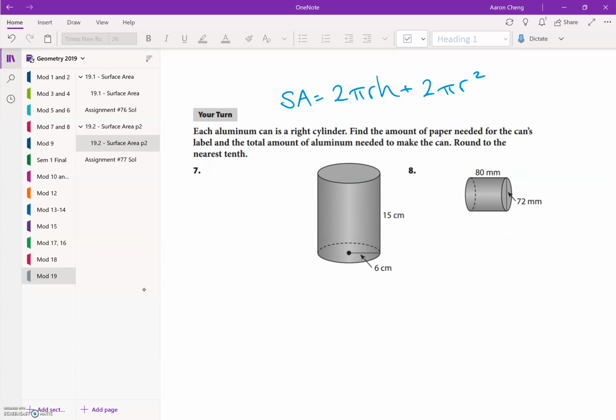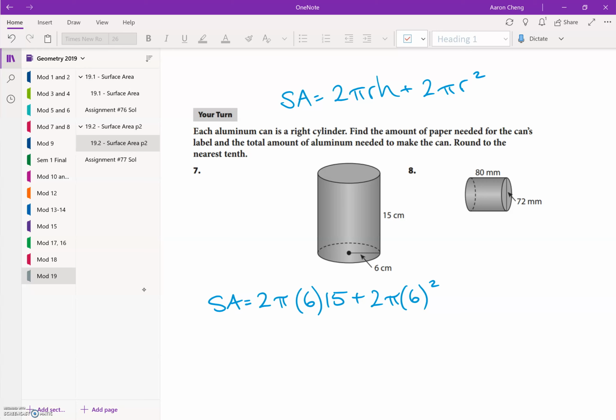All right, so welcome back. Our surface area of this one is going to be 2 pi, our radius is 6, times height, which is 15, plus 2 pi 6 squared.